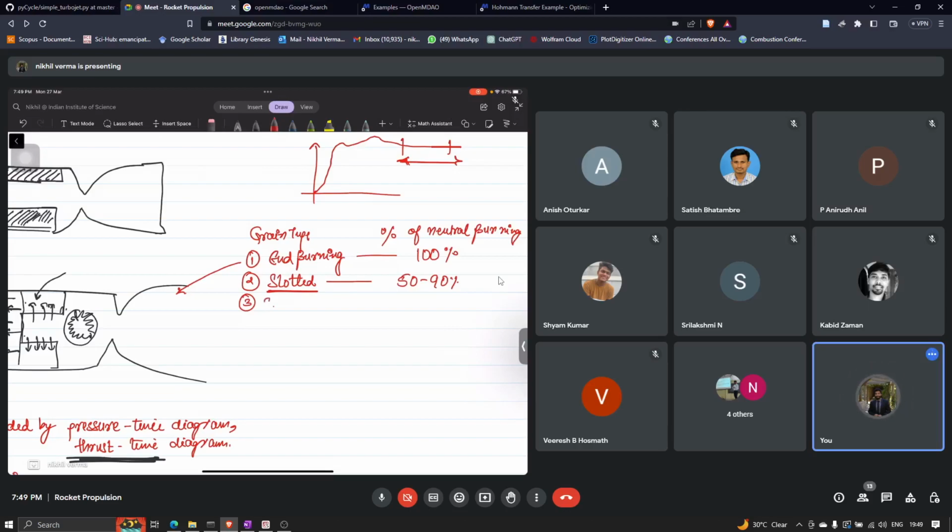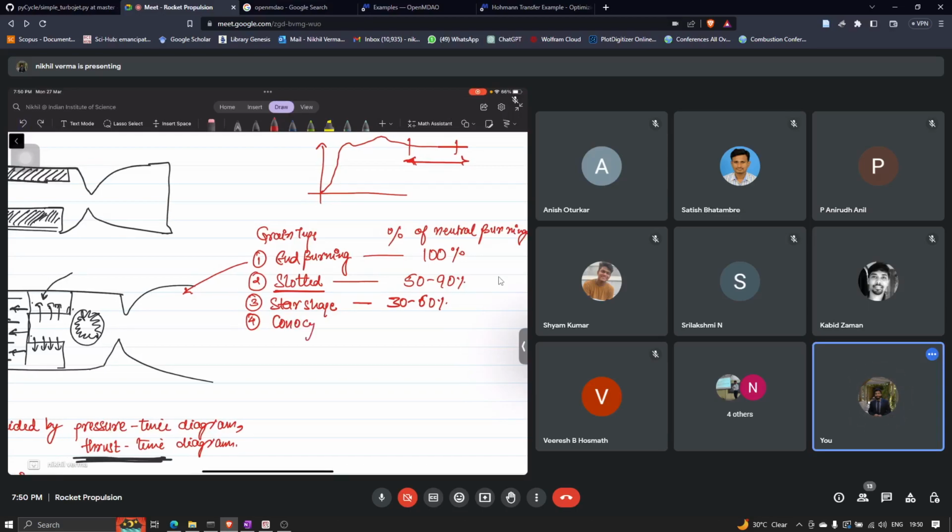Then star shape can give you 30 to 60%. Then we have conocyl, which can give you 50 to 90%, and finocyl is 70 to 90%.